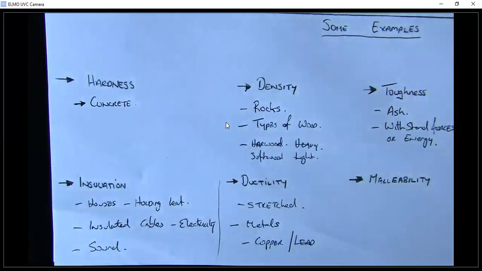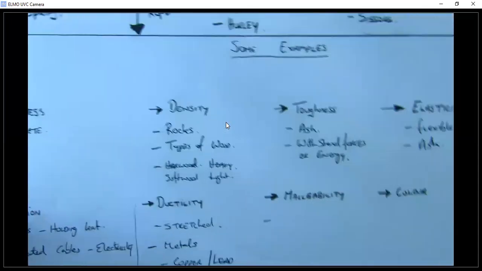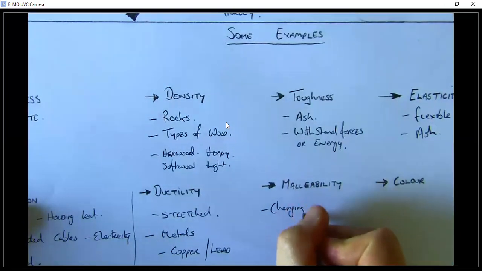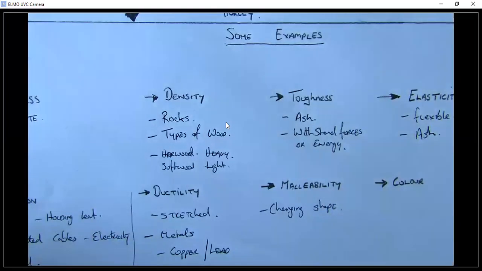The next one we look at is malleability. Malleability basically indicates, very similar to the last one, how a material can be changed into different shapes without cracking. The without cracking is a big one here. Plastics can be molded.